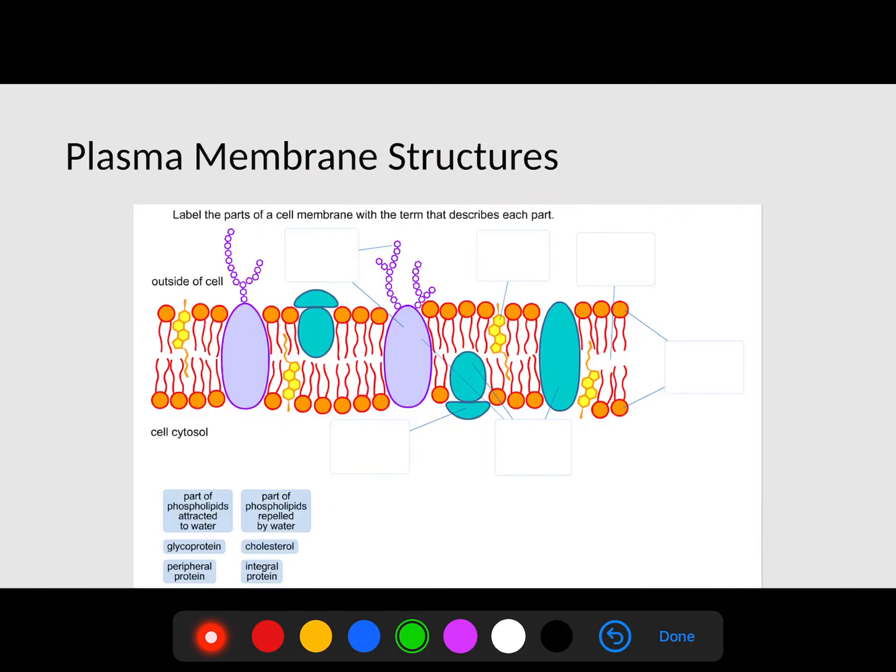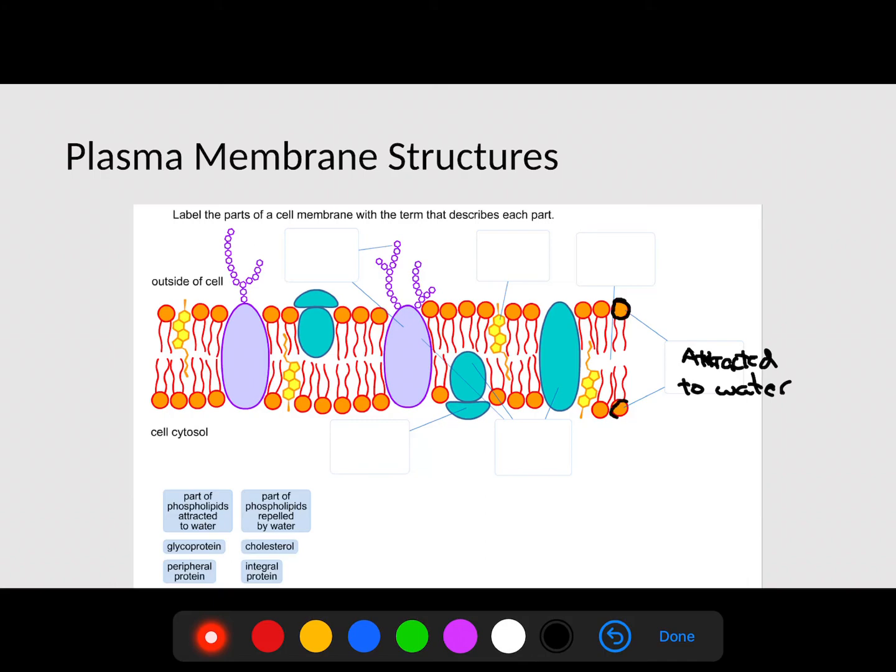So the plasma membrane, again, we talked about some of these different things. Let's label them a little bit more in depth. First thing we have is the part of the phospholipids attracted to water. That would be the phosphate head right there.